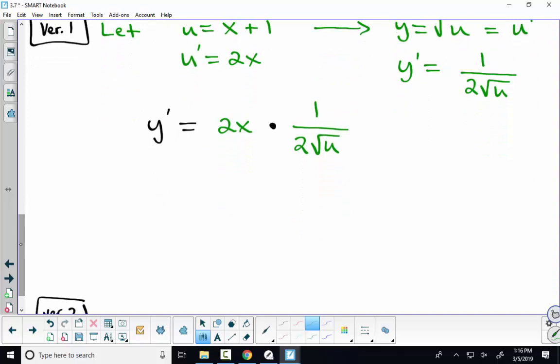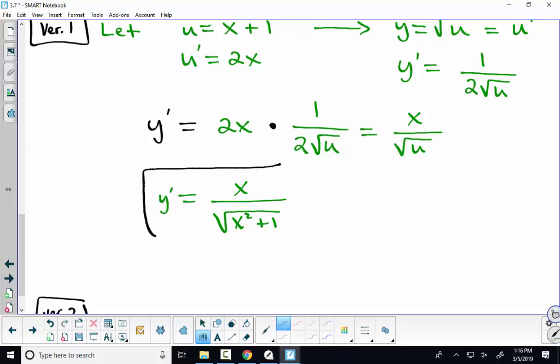We can simplify, the 2's divide out, so we have x over the square root of u, and that turns into, once we resubstitute, x over the square root of x squared plus 1 for the derivative of y with respect to x. This is dy dx. This one up here is dy du.